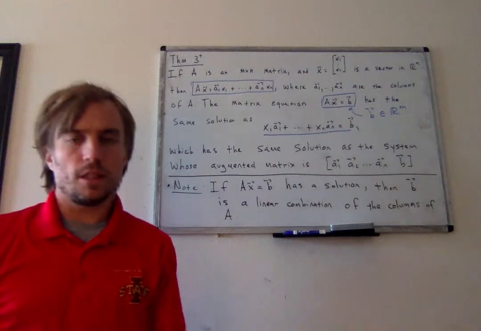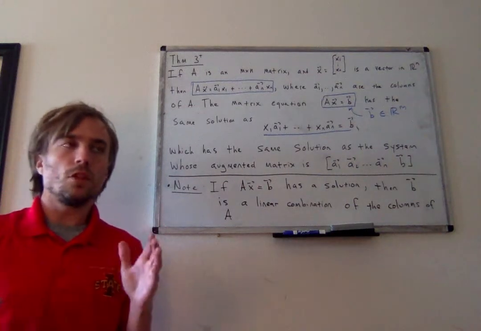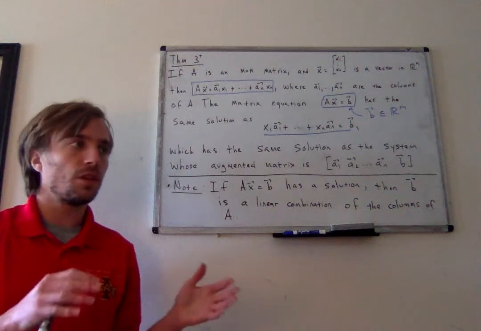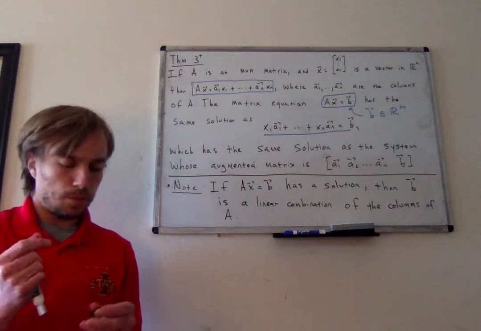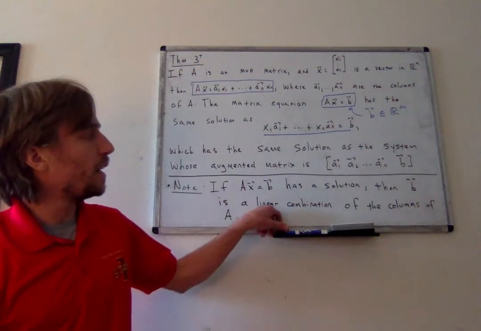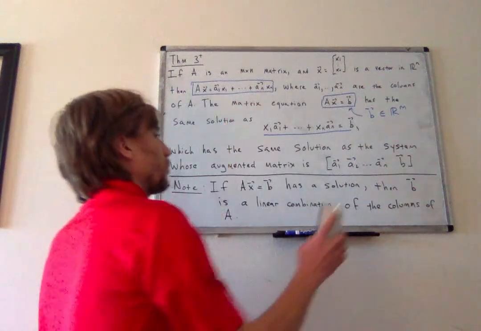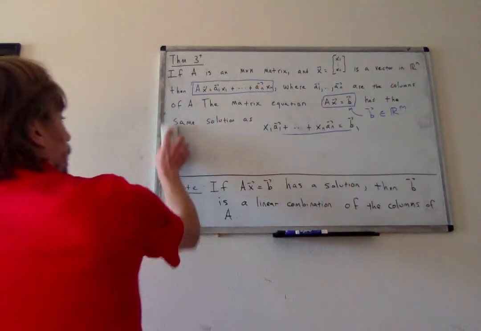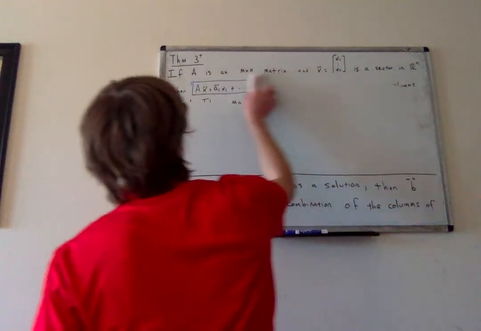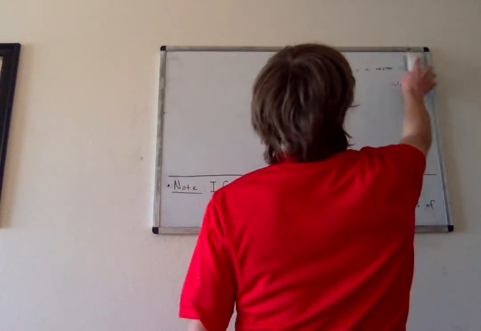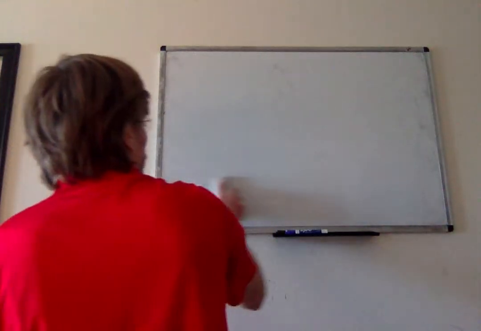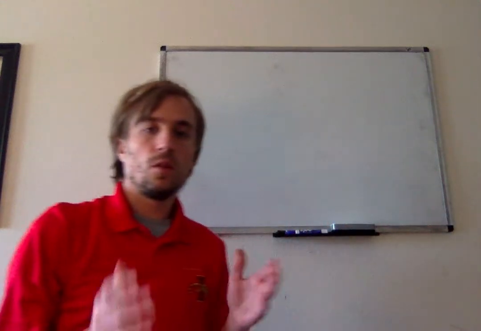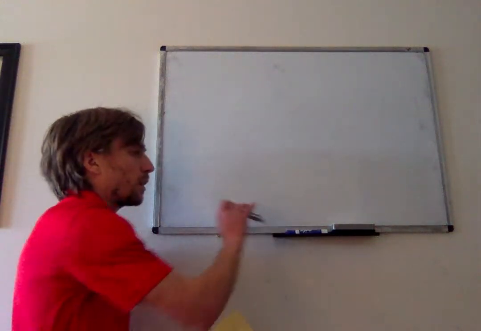But a trend, especially early on, is finding a lot of different ways to look at and interpret things, and finding many different ways to say essentially the same thing. A reason for that, and I'm going to erase this now so we can go over an example, is that depending on the context you are trying to solve a problem in, sometimes being able to look at something in a different light will help you to solve one problem over another. So sometimes it's useful to look at a matrix equation. Sometimes it's useful to look at a vector equation.